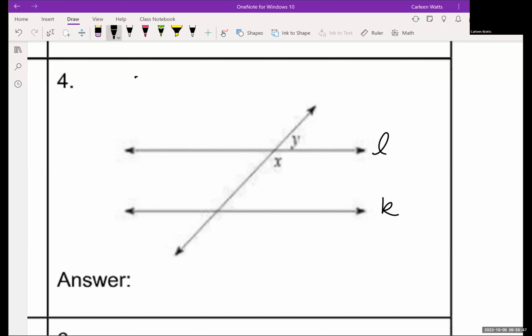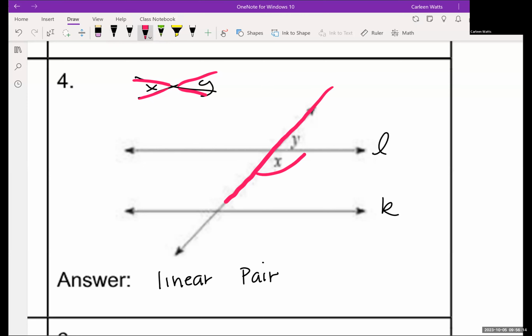Now, vertical looks like this, where we have V's. So there's something else. Linear pair. See how they make a line? Two angles that go together to make a line. Yeah, linear pair.